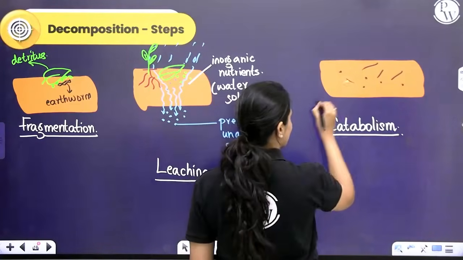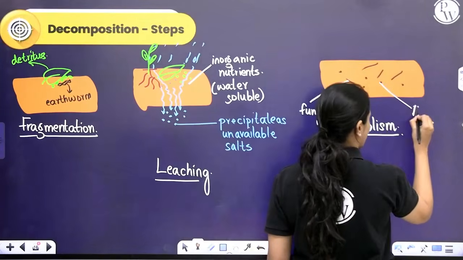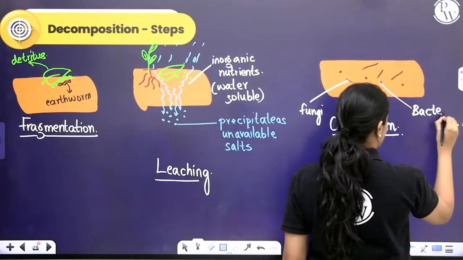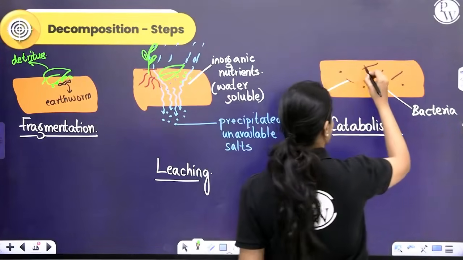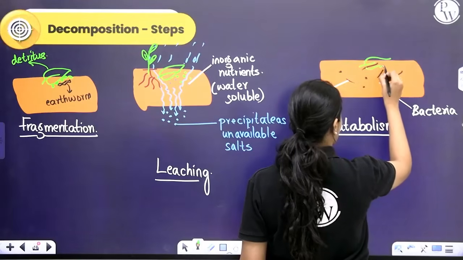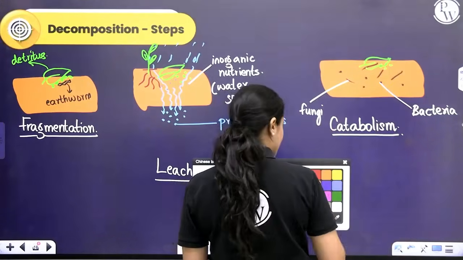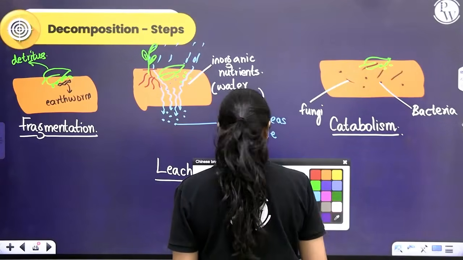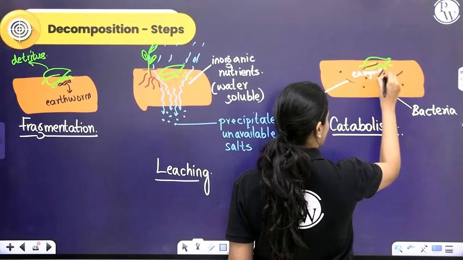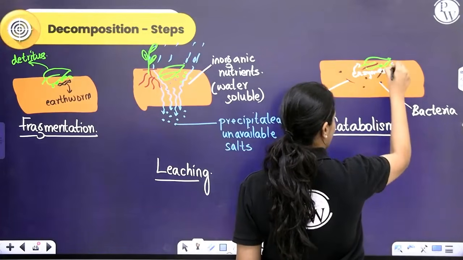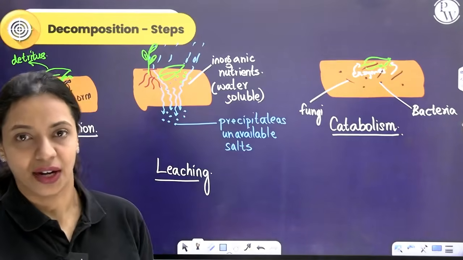Let's label it. Fungi are present. Bacteria will be present. They will also act on the detritus. Okay, so these will release enzymes. They will produce enzymes and that will help in breaking down the organic matter present inside the detritus.